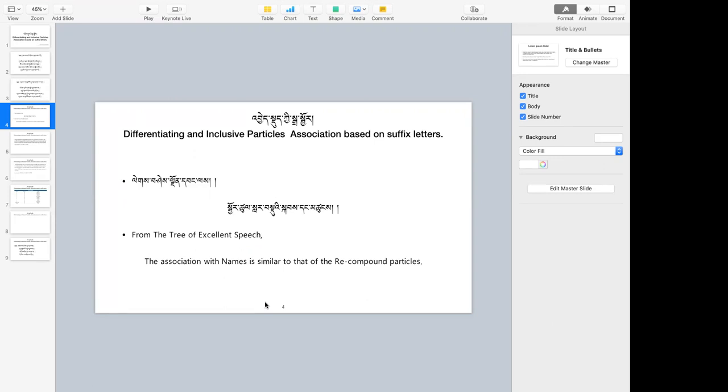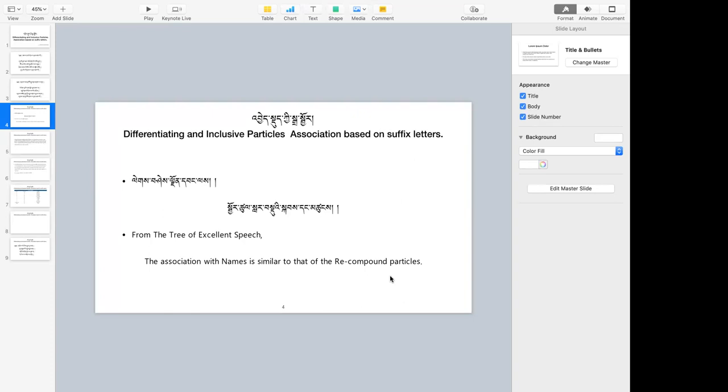Kap talks about the time, and chung, we already discussed in the last class. Chung means similar, somewhat similar, identical. So from the Tree of Excellent Speech, the association with names is similar to that of the recompound particles.